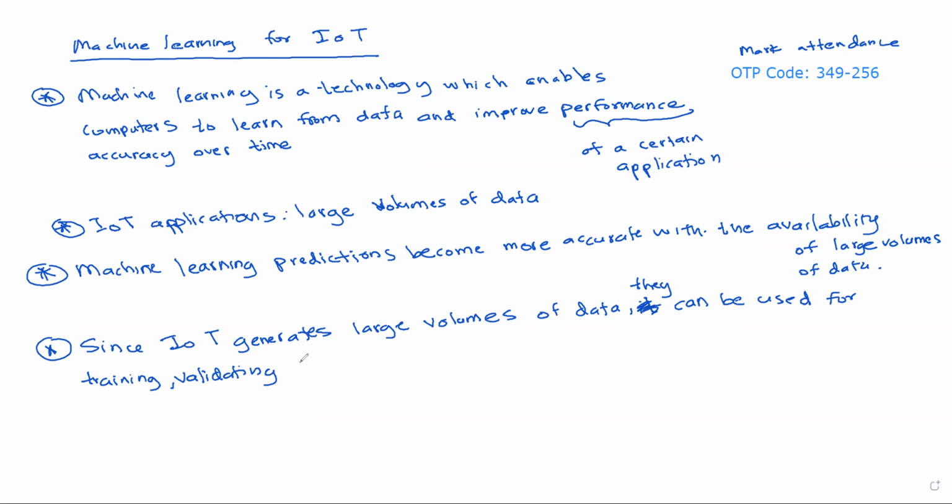In the validating phase, what we are trying to do is find the best fit model. I will discuss that later. So we are trying to find the best fit model that matches with the data.